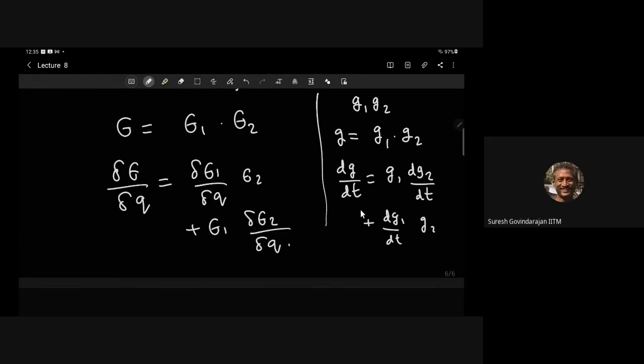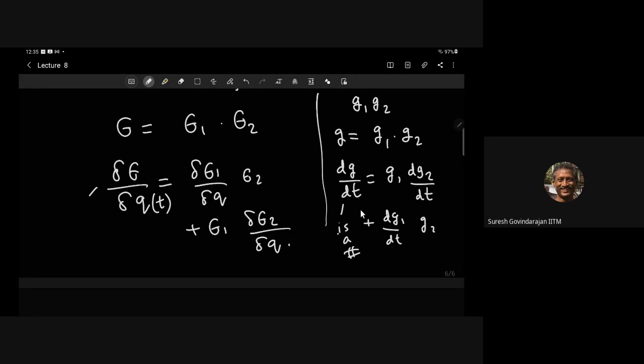Sir, is there a specific reason why we are not using the usual d sign, but using this del sign? Yeah, because G is a functional and this is a function. So here, if you give me a q, this is a number.